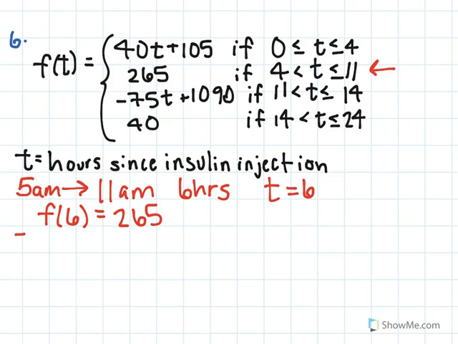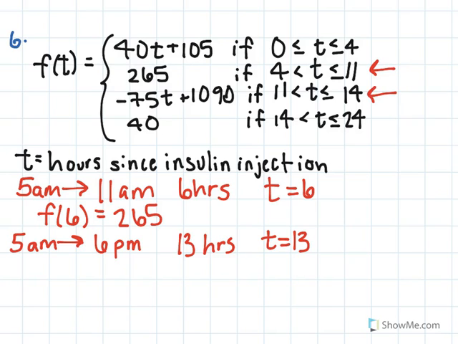Next, we want to know what the patient's blood sugar level would be at 6 p.m. At 6 p.m., 13 hours have passed since the insulin injection was given, which means that t equals 13. For this question, our time falls in the third interval, which is between 11 and 14.